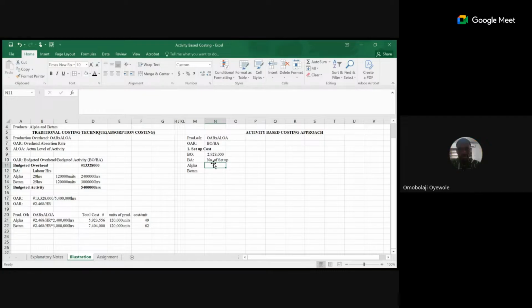So for alpha, that will be 10 per batch, and we have 10,000 units in a batch. Then for beta, how many per batch? 30 per batch, and I have 50 units. So if we multiply it, what would that give us?